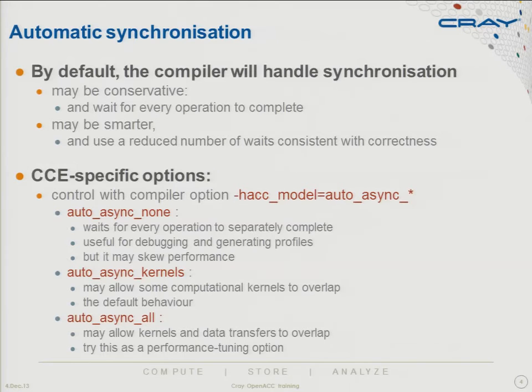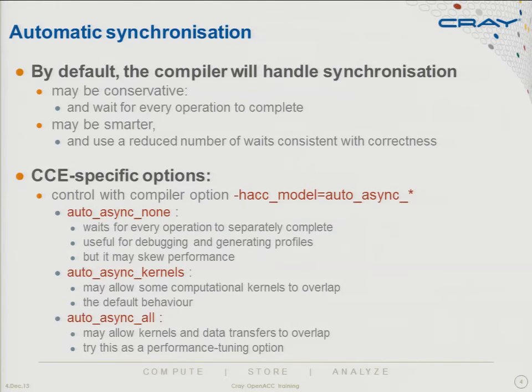To control how much it's done, there's this ACC model flag where you can say, don't do any asynchronicity, wait for everything to complete each time it's done. And that's what we did to get the profiles, which showed the kernel time. You can get some overlap of computational kernels. This is the default.